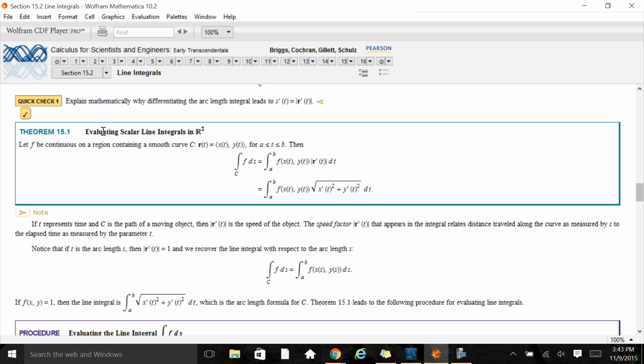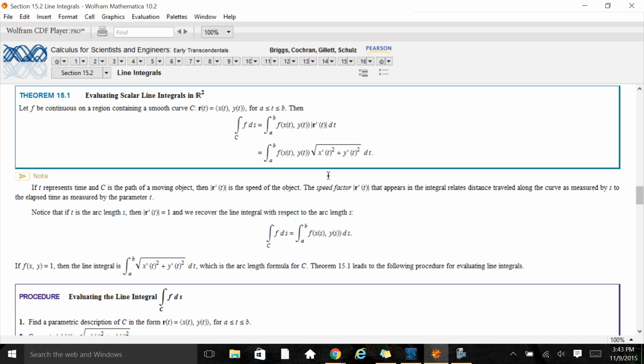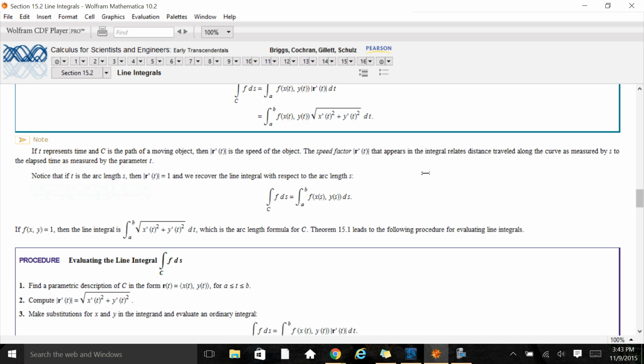So if we want to evaluate scalar line integrals in R2, and we have some curve that's given by any parameterization x of t, y of t, with bounds on t from a to b, we're just integrating from a to b our function with our parameterization, times the magnitude of r prime of t dt. And then remember, the magnitude of r prime of t is the square root of x prime of t squared plus y prime of t squared. Okay, so that's what we're going to do.